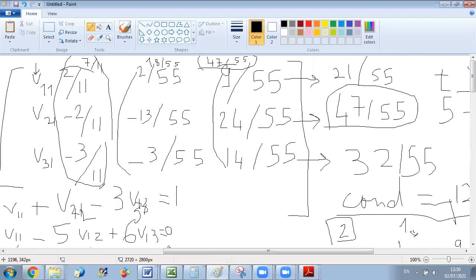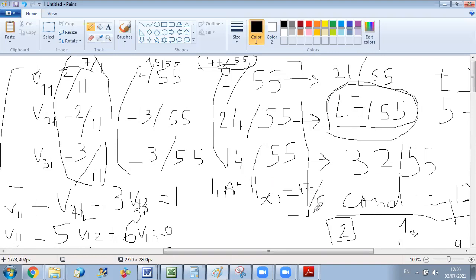And finally, minus 3 over 11, minus 3 over 55, 14 over 55, I get 32 over 55. And then the highest between the 3 is 47 over 55. So I can say that the norm of A minus 1, according to row summation norm, is 47 over 55.